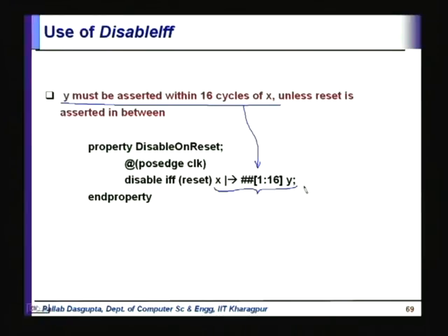This is a nice feature because you can express properties like this, that I want to check these things unless reset is asserted in between. So, I simply want to drop the checking of the property when some exception occurs, and I can write the exception using the disable iff statement.